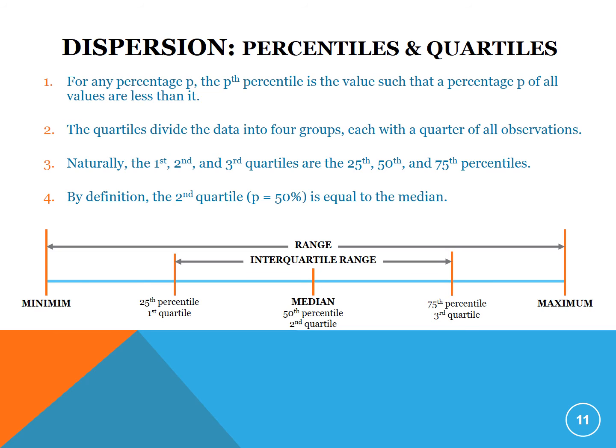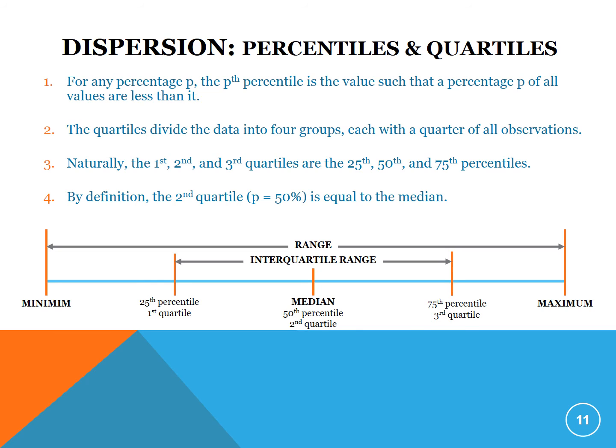A percentile is essentially the value such that a percentage P of all values are less than it. If you've taken a standardized test before, you may have seen in your results, I am at the 97th percentile. Oh my gosh, that's awesome.